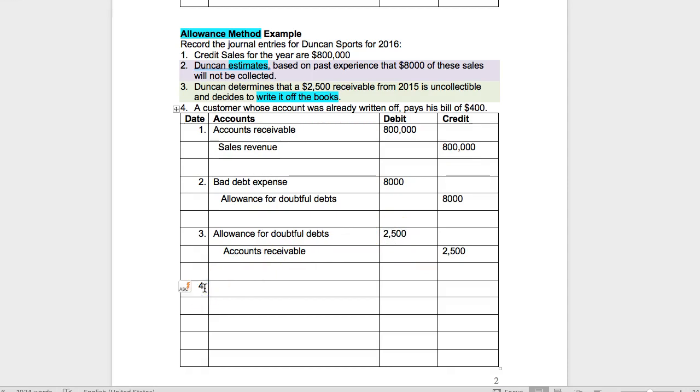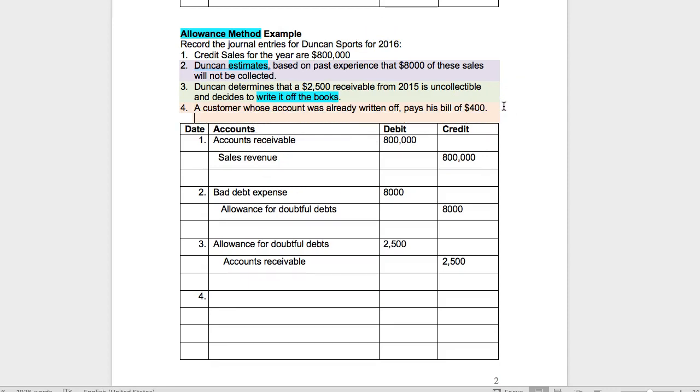The number here will always be the actual amount that the customer owed to you. Okay, number 4. A customer whose account is already written off pays his bill. This is what we call a recovery. It's a miracle. You need to do 2 journals for this. The first journal is to flip over the write-off journal. Why do we need to do that?